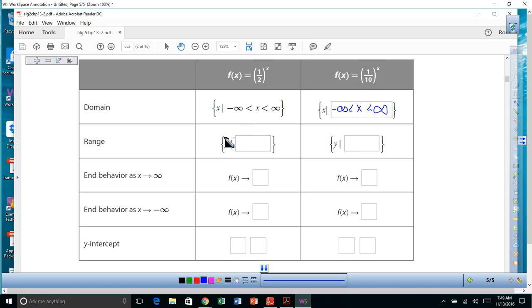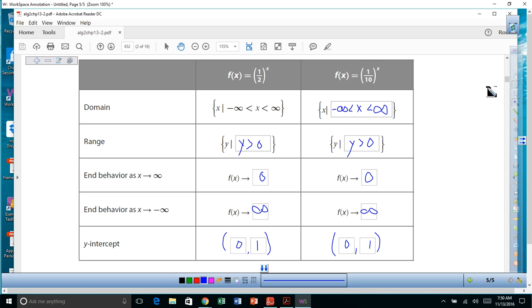The range, y is greater than 0, and y is greater than 0 for both. The end behavior as x approaches infinity, f of x approaches 0. The end behavior as x approaches negative infinity, f of x will approach infinity. Y-intercept is always going to be 0, 1, unless it's been transformed.